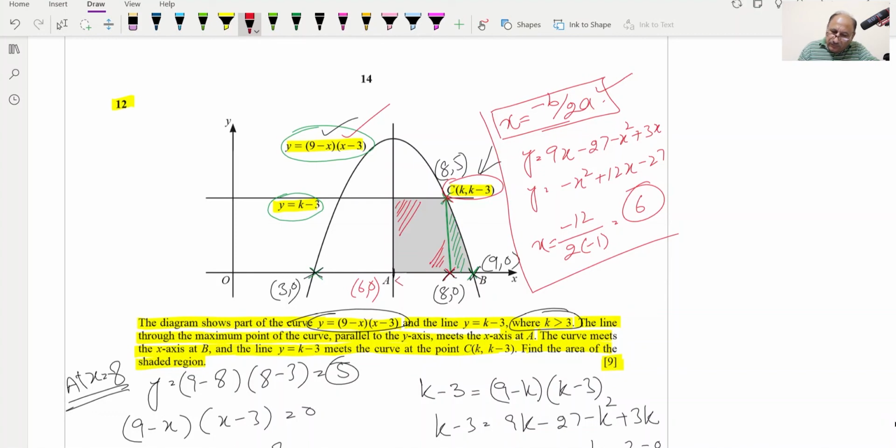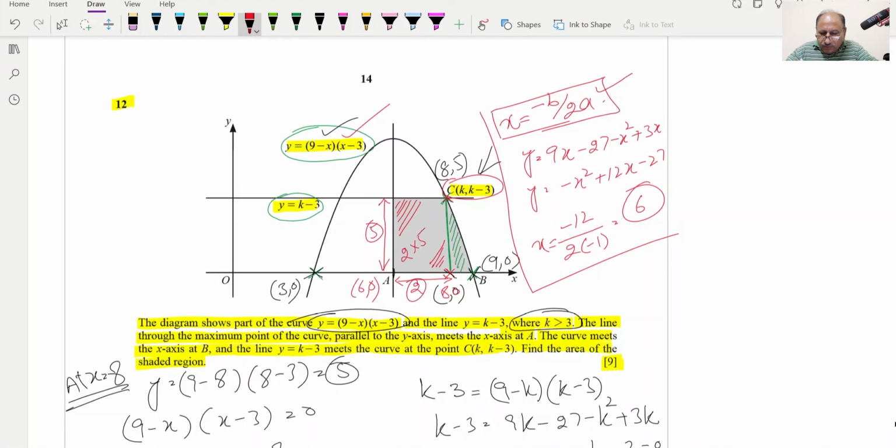This is up to 8, so 8 and 0, so this is 2 units. And this side will be from 0 up to 5, so this side is 5. So we can multiply these two.